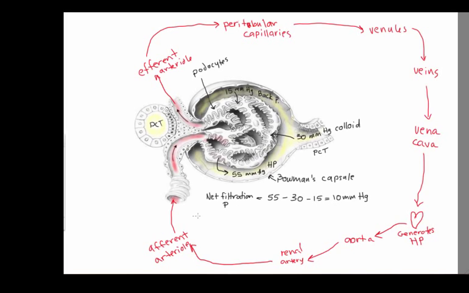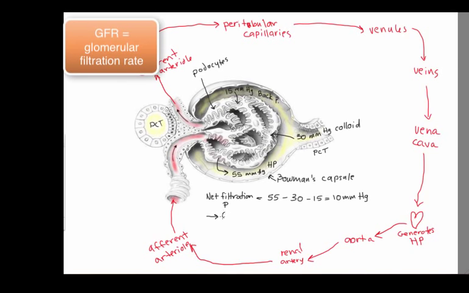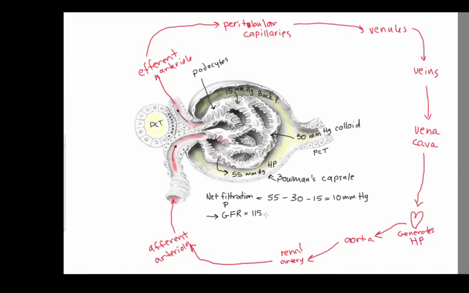And this converts to what we call a glomerular filtration rate, or GFR, of 115 mils per minute. And that's a pretty typical rate to filter blood in your kidneys.